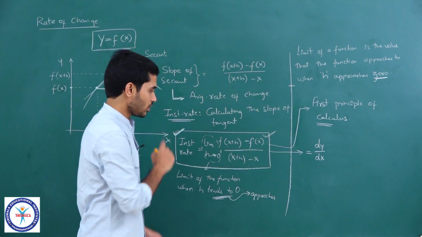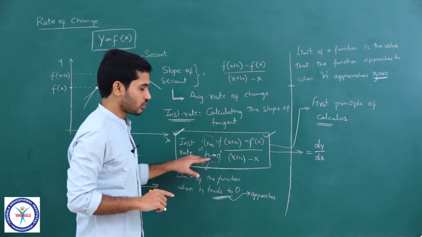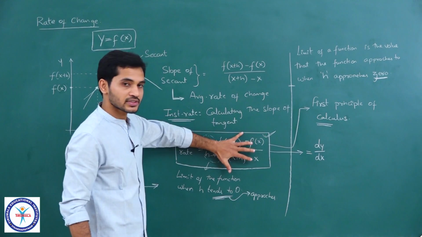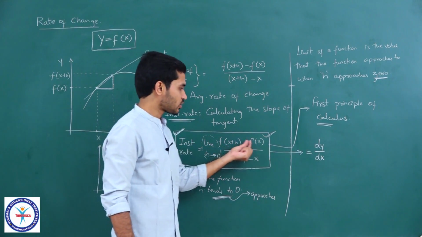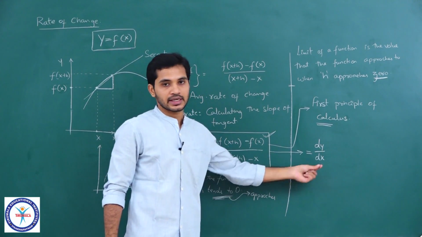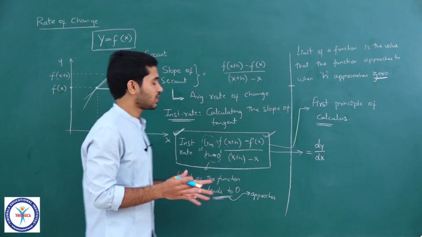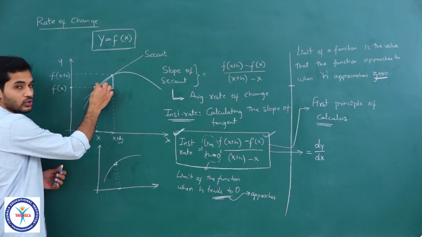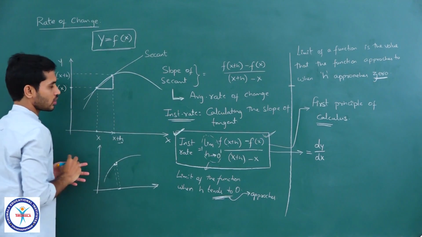Clear? So, instantaneous rate, which is this particular random expression, do not worry about this, can be understood as the small change in y divided by small change in x, that is it. In this case, if you observe, as these two become very close to each other, this is very small.